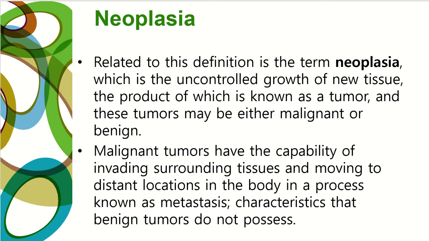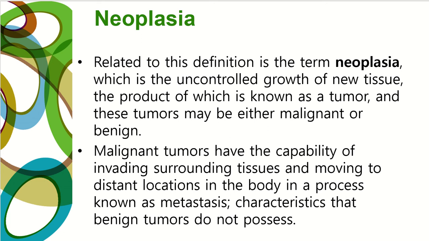Just to define another term, neoplasia. Related to this definition is the term neoplasia, which is the uncontrolled growth of new tissue, the product of which is known as a tumor, and these tumors may either be malignant or benign.